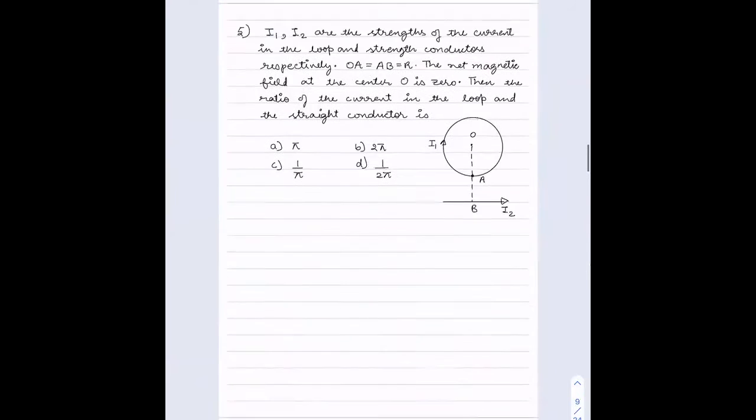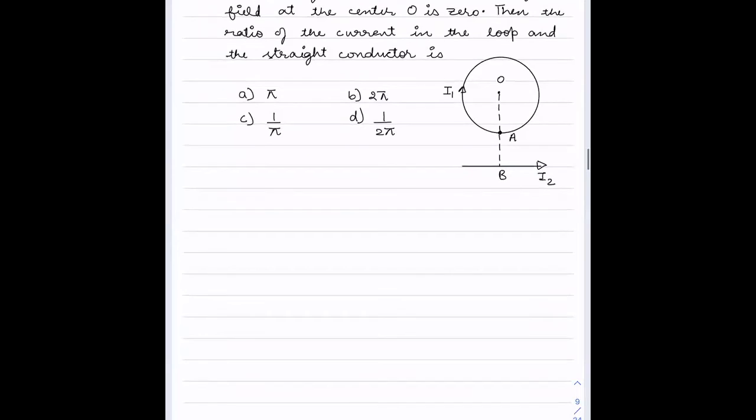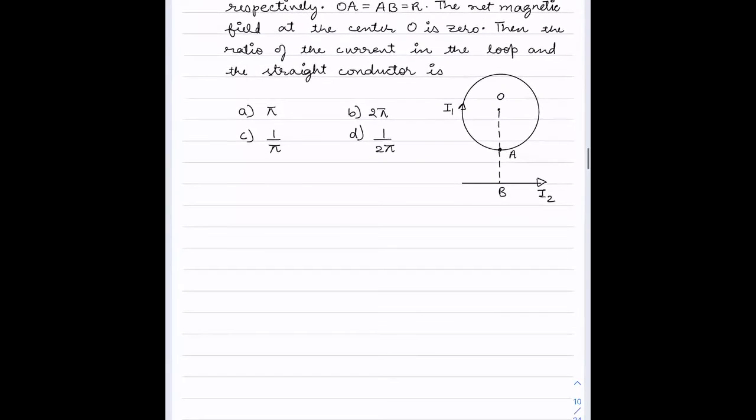Nobody else. Nagaraju has got 1 by 2 pi. Thara has got 1 by pi. Deepika also got 1 by 2 pi. Okay, let us see what the answer will be. Option D, 1 by 2 pi. Let us solve this and check.